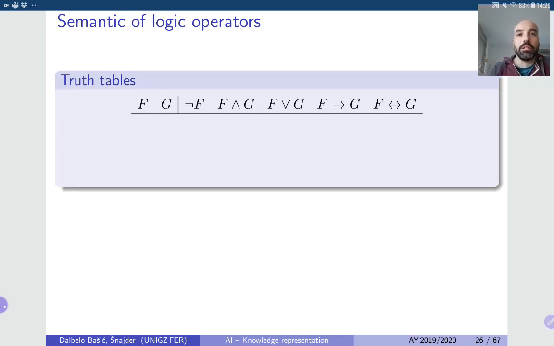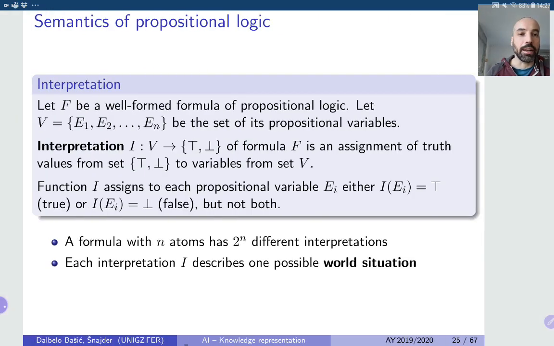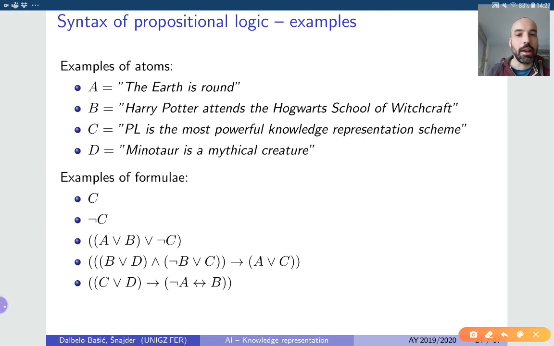Before that, let's look into how to derive or evaluate the truth value of the entire formula. So let's go back again to the example here. If I have the truth values for A, B, and C, defined by the interpretation function, then I'd be interested in knowing the truth value of the entire formula.